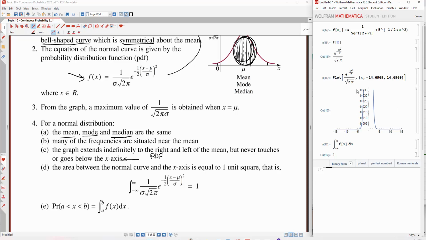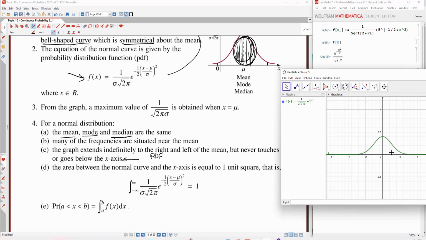So basically it's saying the area under this curve here, or better graph is this one here, the area under this graph here is equal to 1. Okay, which is also important because that's what a PDF is.